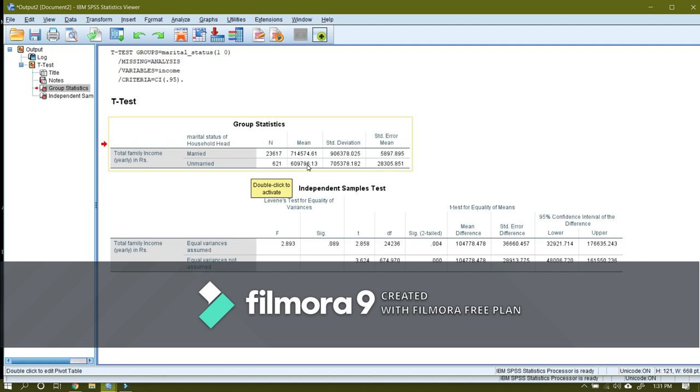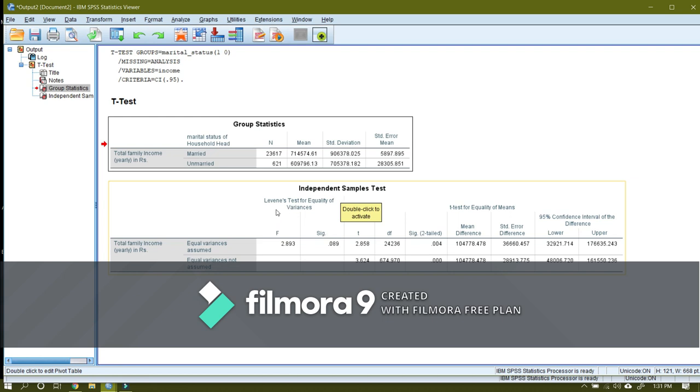Now there seems a difference of almost 1,04,778. This is a huge difference. But the question is, is this difference statistically significant? For that we will use this table, and that is the table of independent sample t-test.